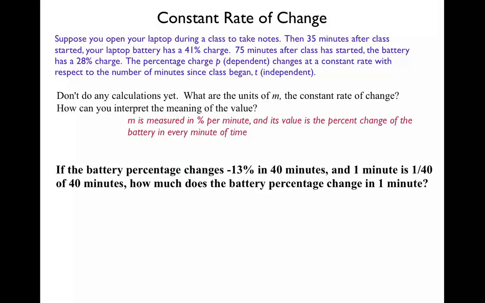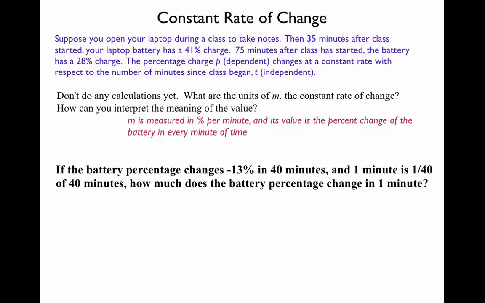So, really tune in here. If the battery percent changes negative 13% in 40 minutes, and 1 minute is a 40th of 40 minutes, then how much does the battery percentage change in 1 minute? So we know that 1 minute is a 40th of 40. So we're taking 1/40th of 40 minutes to get 1 minute.